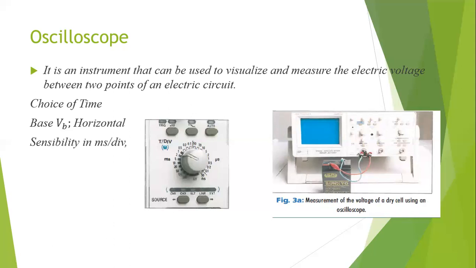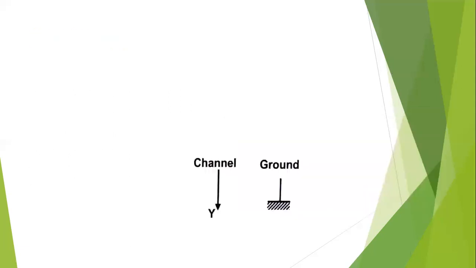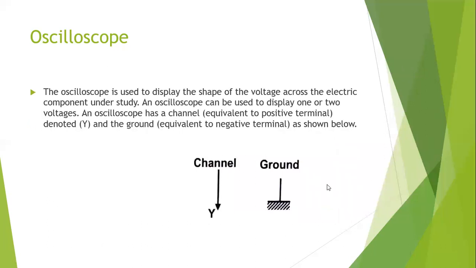base, horizontal sensitivity, is in millisecond per division or microsecond per division in some cases, where 1 millisecond equals 10⁻³ seconds and 1 microsecond equals 10⁻⁶ second. Here we have the symbol of an oscilloscope to represent it in a schematic diagram.